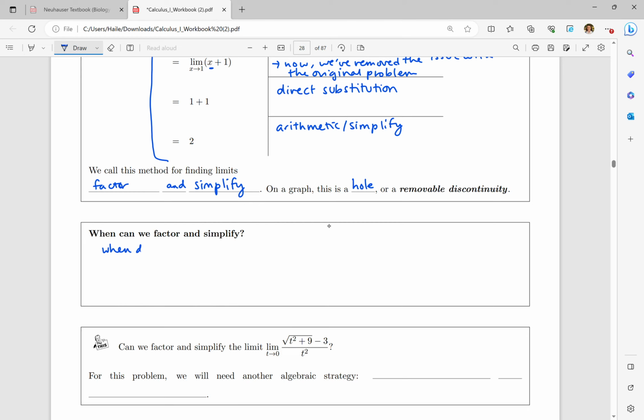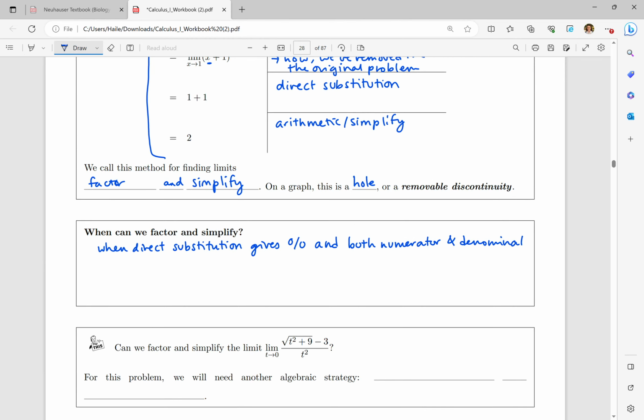So when direct substitution gives 0 over 0, and both the numerator and the denominator share a common factor.